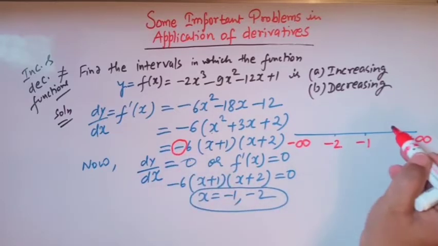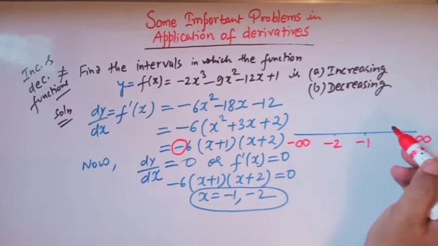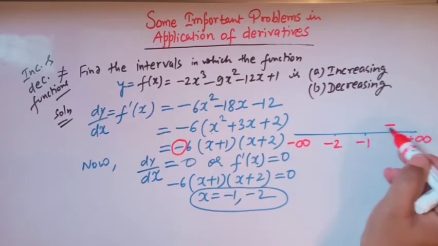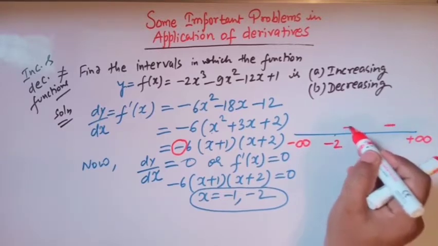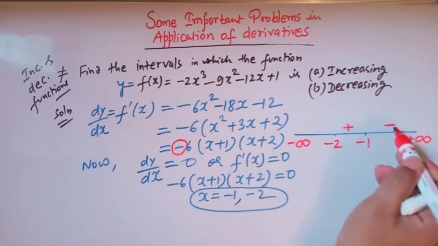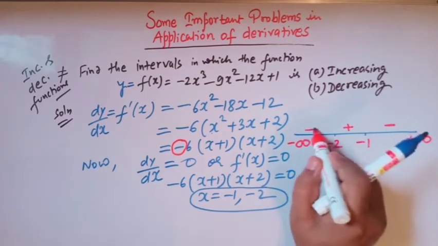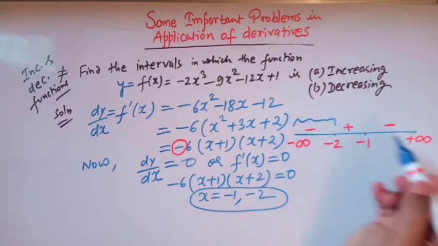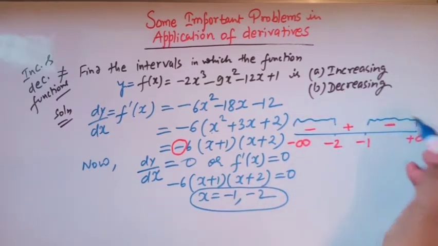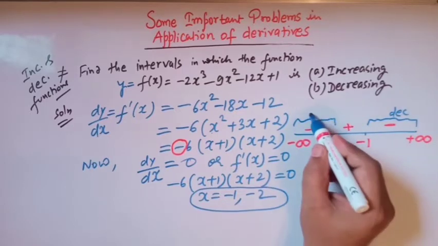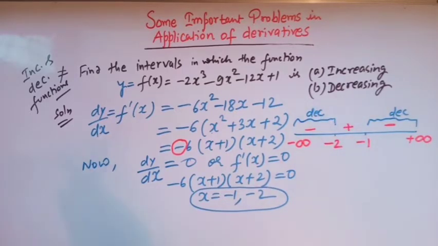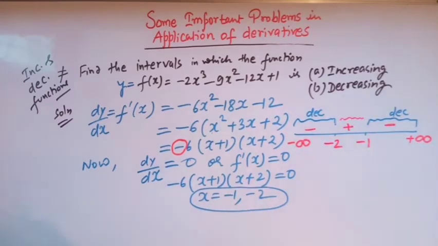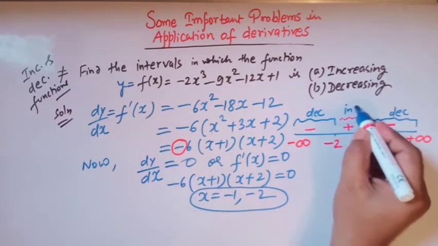So here we have the negative sign. So what we will do, we will start from negative sign, right? So here we have negative sign, then we have plus sign alternatively. So we have minus, plus, and then we have minus. So here see where we have minus sign, the function is decreasing. Here it is decreasing, here also it is decreasing, and where we have the positive sign, the function is increasing, right?